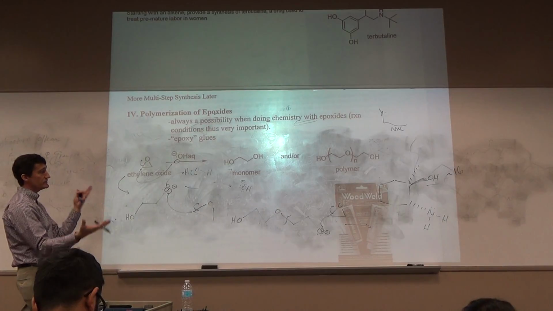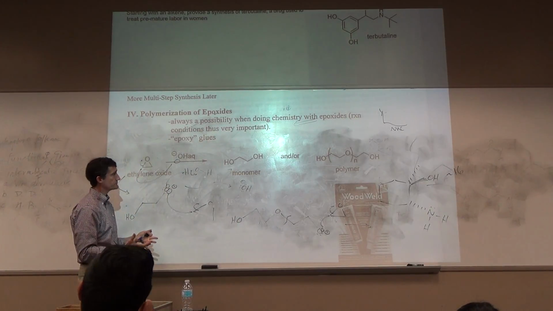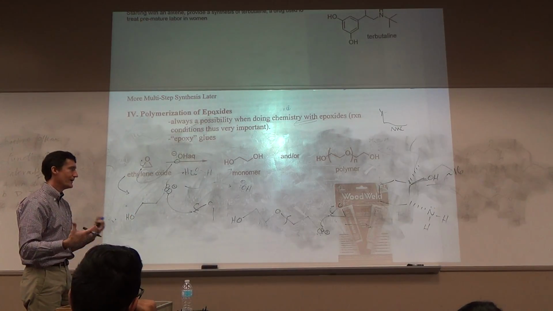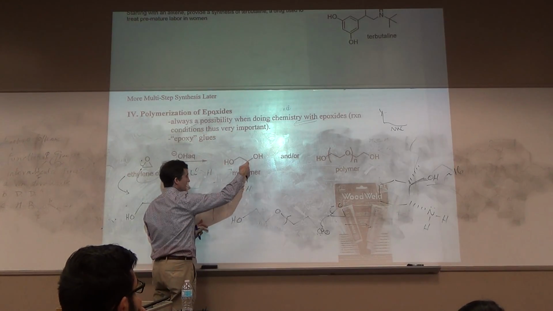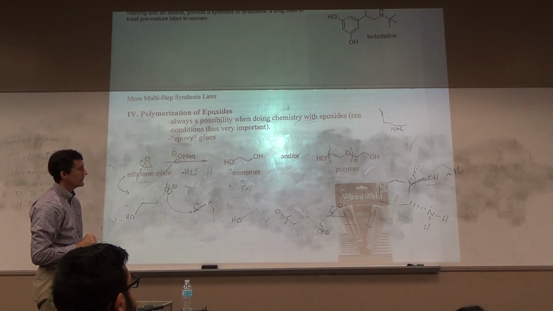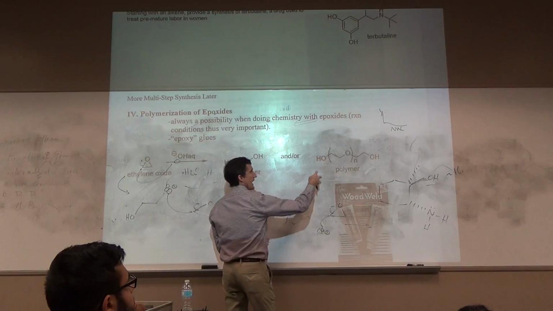Now you can do these different ways. If you want polymer, you do the reaction a certain way. If you want monomer, you do it the other way. Well, either way, it's kind of tough, because even if you want to make this, it's always prone to polymerization if you don't do it right. How do we get this?